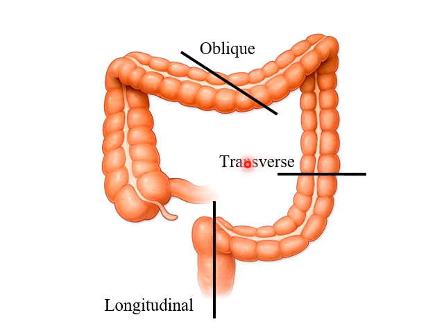Cutting the short way across is called a transverse section, or cross-section, or horizontal section. Cutting the long way is an example of a longitudinal section. Cutting at an angle is an oblique section.